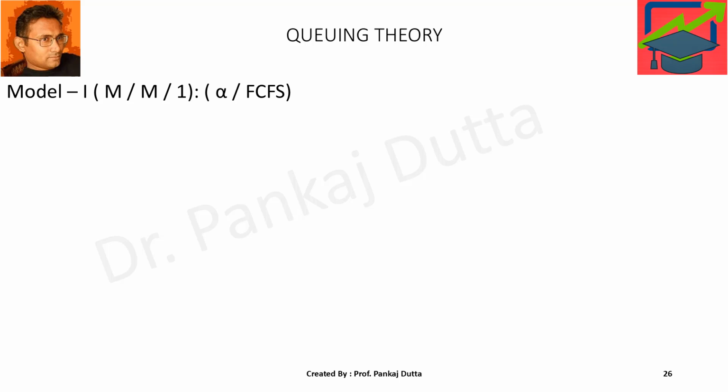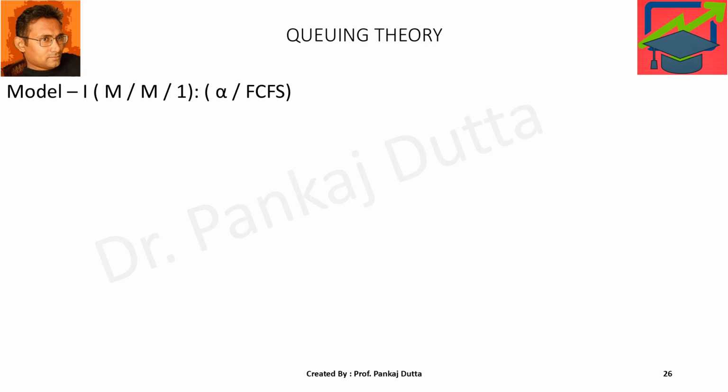Both Poisson and exponential distribution exhibit something known as Markovian property or memoryless property. So instead of writing Poisson and exponential distribution, traditionally both are specified as M, which implies the Markovian property that this distribution exhibits.